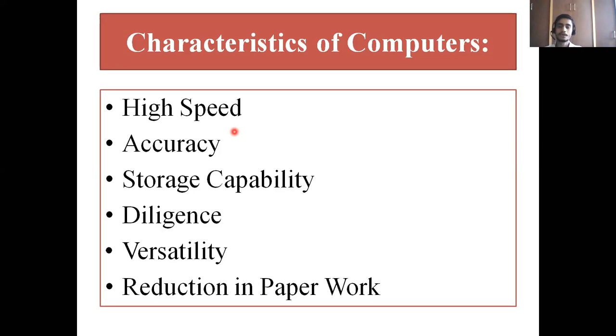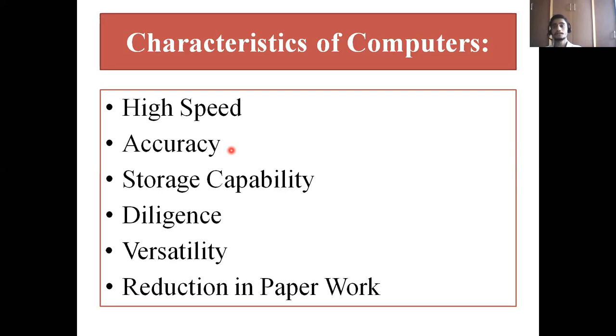Okay, coming to the next characteristic of the computer, which is accuracy. Yes, this is a very important and crucial characteristic of a computer system. Computers are very accurate. We human beings can be wrong, but computers cannot be wrong, because they process everything in a very accurate manner. They perform all jobs in an error-free manner.